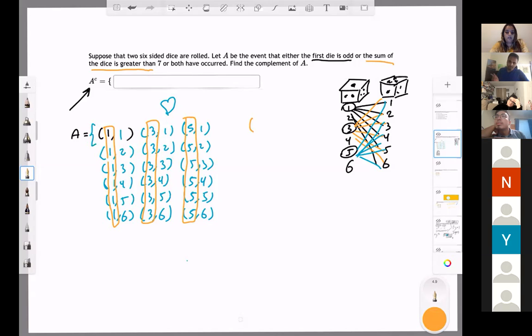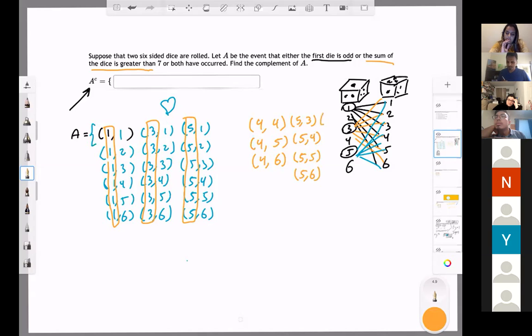So 4 and 4 is one option, then 4 and 5, and 4 and 6. Correct? Those give you more than 7. Or 5 and 3, 5 and 4, 5 and 5, 5 and 6. This is more than 7 as well.